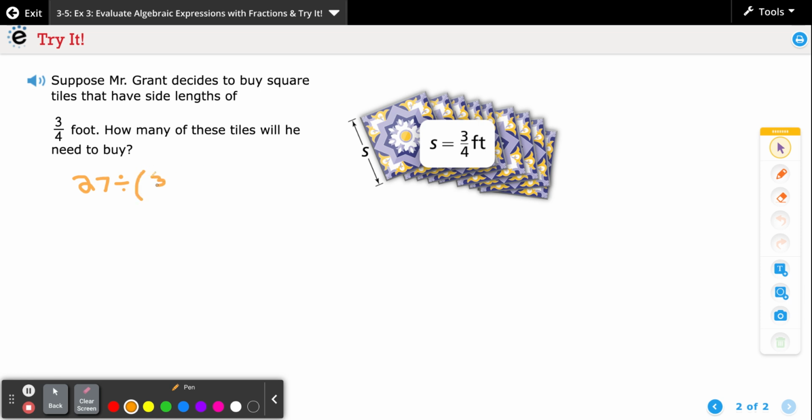So 3/4 squared. All right, so order of operations tells me I have to do that first. So some side work, 3/4 times 3/4, top times top, bottom times bottom, we get 9/16.